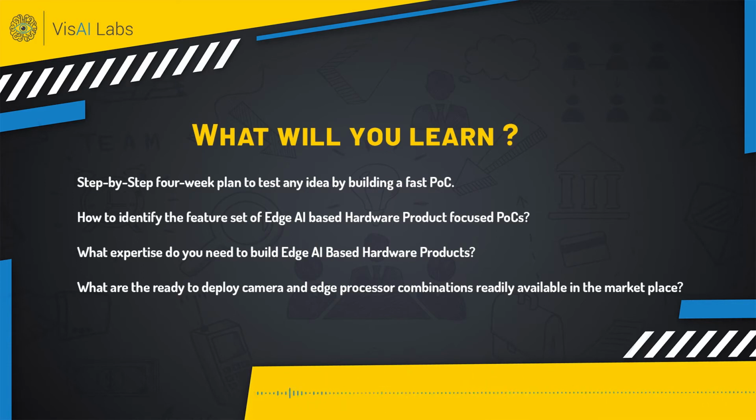And then after that, we would see what hardware that we choose. Because when it comes to edge AI, the hardware that we choose plays a very vital role. And the hardware consists of both the CPU, the camera, and so on and so forth. So we'll be going in detail about how we go about choosing these pieces of hardware to make our proof of concept.